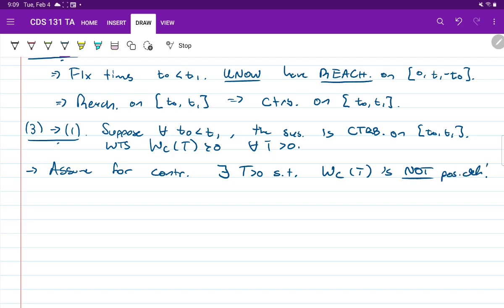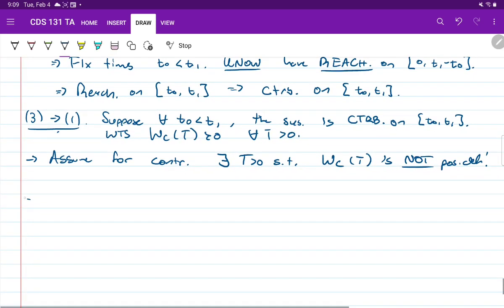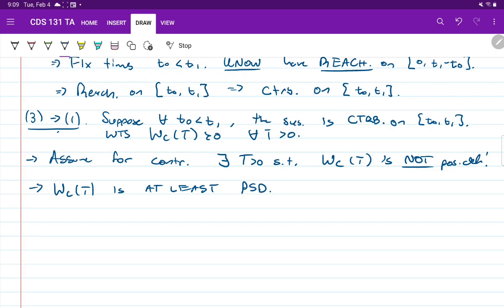Something that's a basic consequence of the structure of the Gramian is that W_C(t) is at least positive semi-definite. You could verify this by taking a look at the definition of the Gramian. So if W_C(t) is not positive definite, but we know it's at least positive semi-definite, this implies W_C(t) is singular, not invertible at time t.